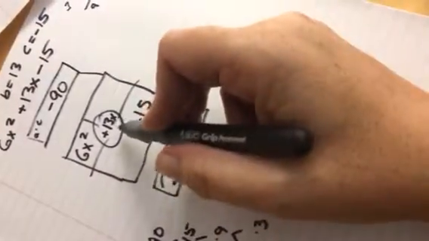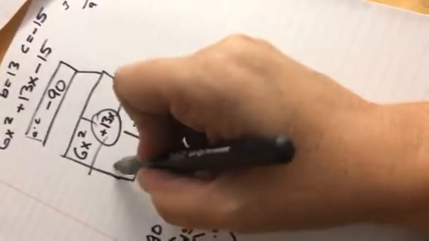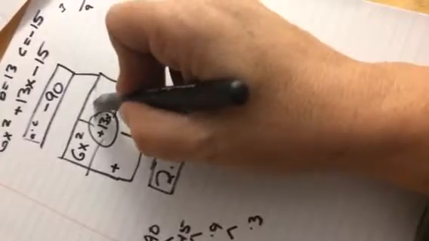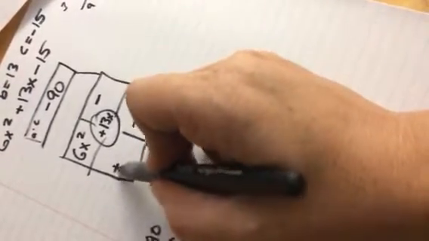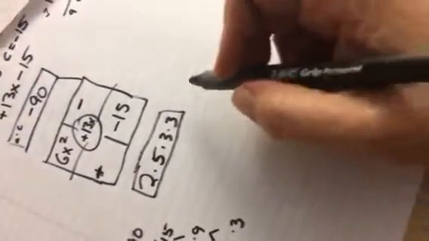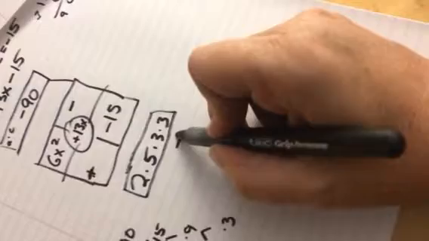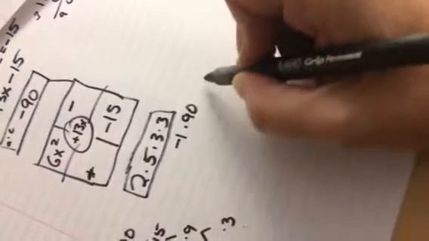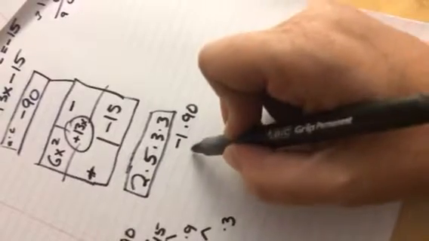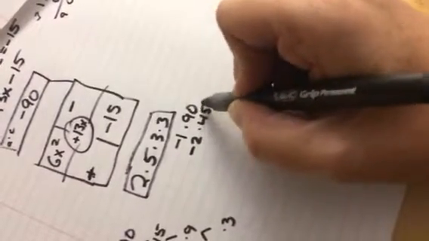Okay, I need them to add up to be positive 13. So I must have a positive and a negative. And my positive must be bigger because I end up with a positive sum. So let's see, could it possibly be negative 1 times 90? That's a product, but it's not going to get us a sum of 13. Could it possibly be negative 2 times 45?